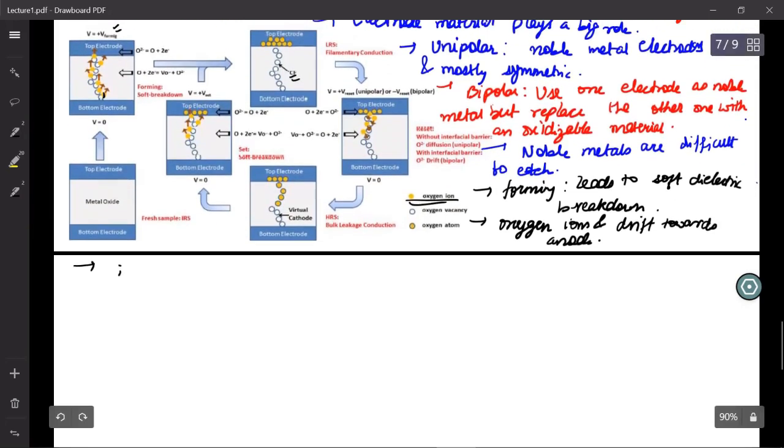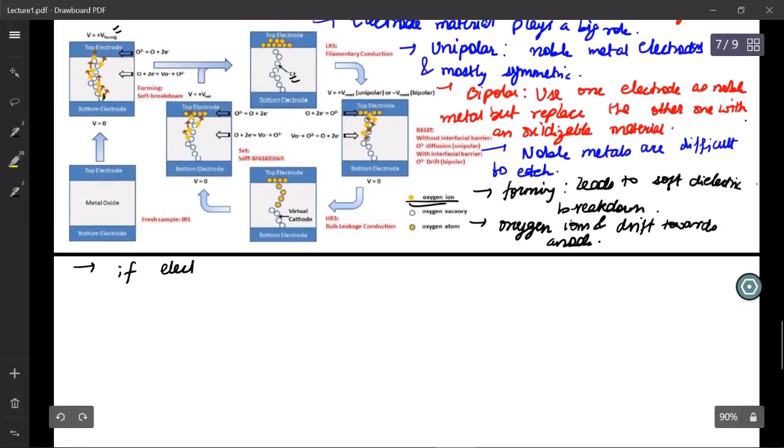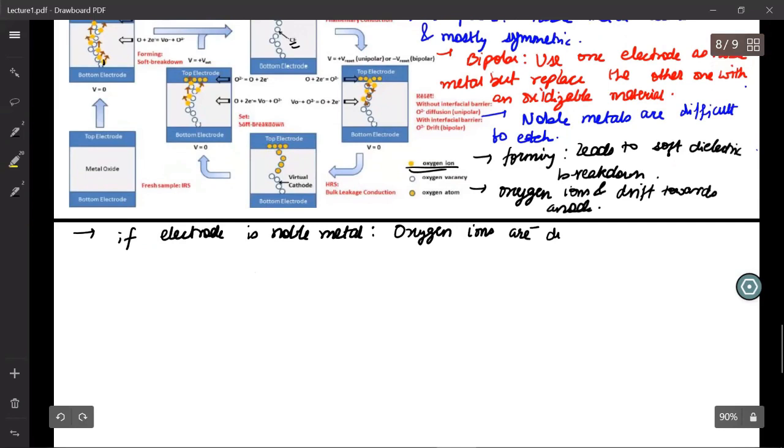If your electrode is a noble metal, then it won't react with your oxygen ions, and these oxygen ions get discharged as neutral non-lattice atoms if your electrode is a noble metal.